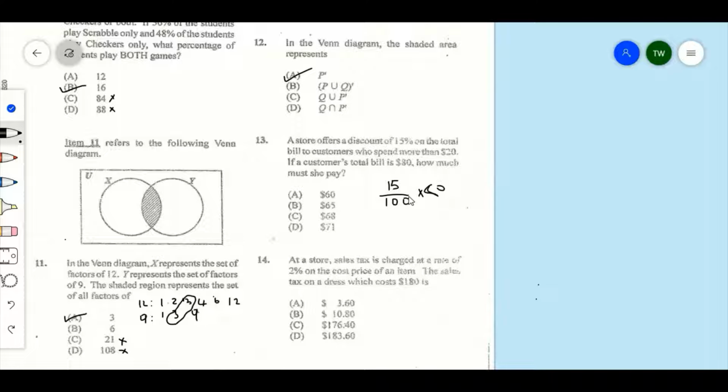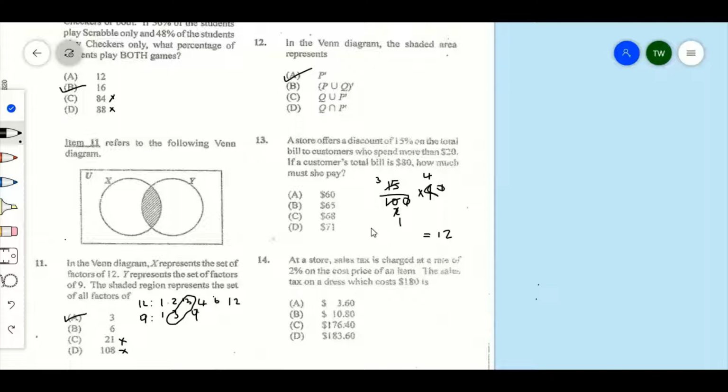And then we can reduce this, so 0 will cancel out 0. 5 into 15, that's going to give us 3, and 5 into 10, that's going to give us 2. 2 into 2, that's going to give us 1, and 2 into 8, that's going to give us 4, and 3 times 4, that's going to give us a total of $12, right? So the discount is going to be $12.